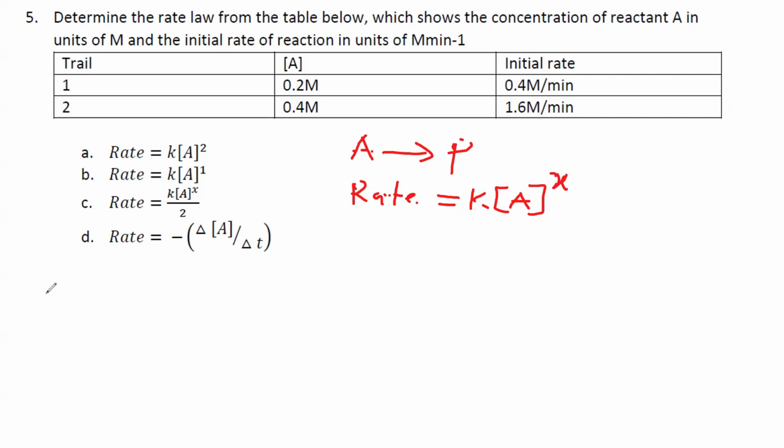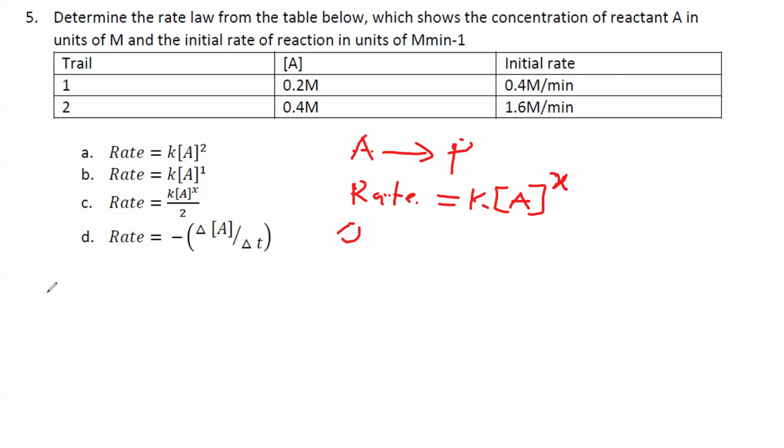We have two sets of experiments, experiment 1 and 2. In experiment 1, we have the initial concentration of A and the initial rate. So how are we going to do it?